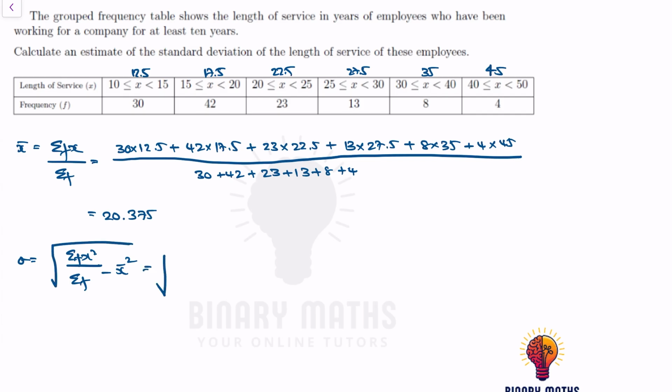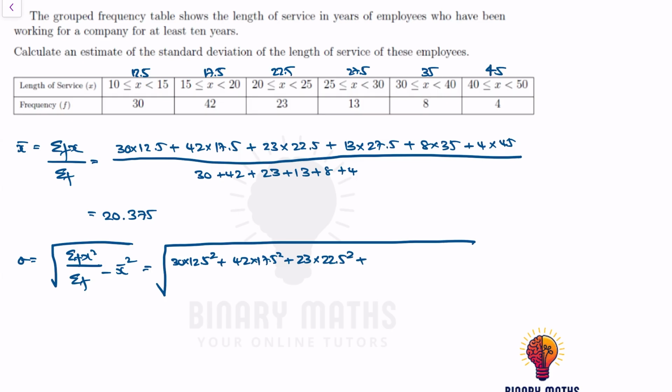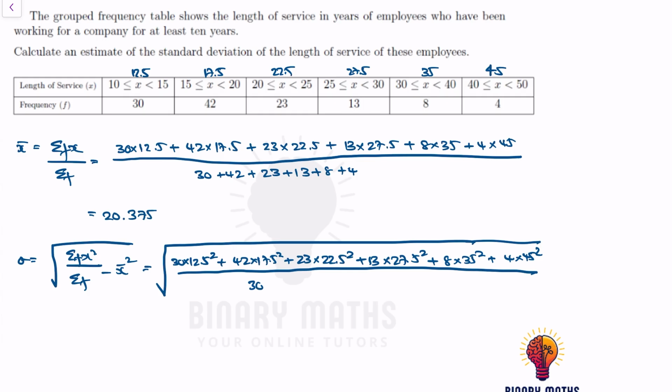Which is equal to 30 times 12.5 squared plus 42 times 17.5 squared plus 23 times 22.5 squared plus 13 times 27.5 squared plus 8 times 35 squared plus 4 times 45 squared, all over sum of f, which is 30 plus 42 plus 23 plus 13 plus 8 plus 4, minus the mean, which is 20.375 all squared.